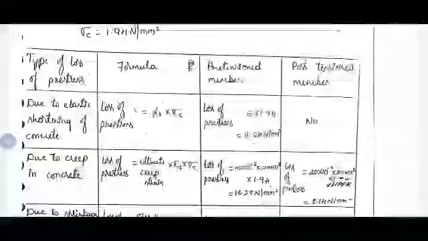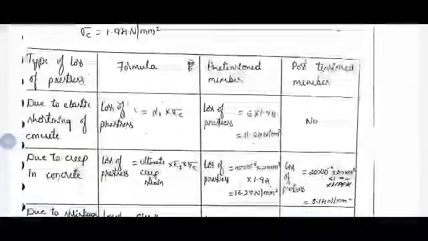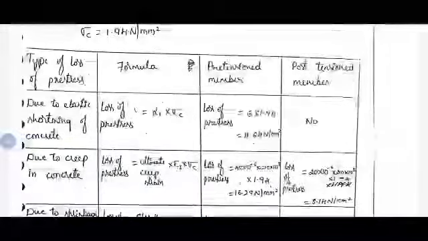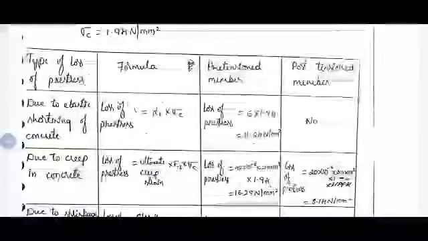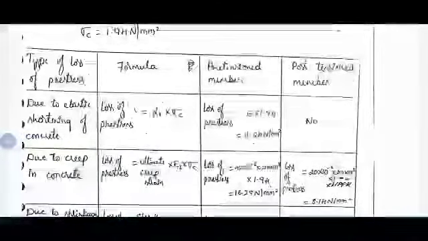But in case of post-tension members, if you see the question, there is only one tendon with same eccentricity, whatever may be the eccentricity. As per the code, there will be no loss due to elastic shortening of concrete in case of post-tension if the cable is single.